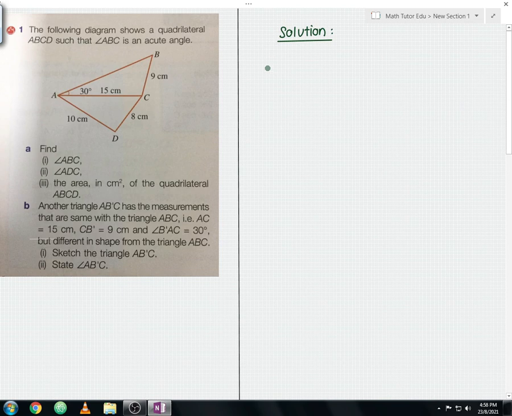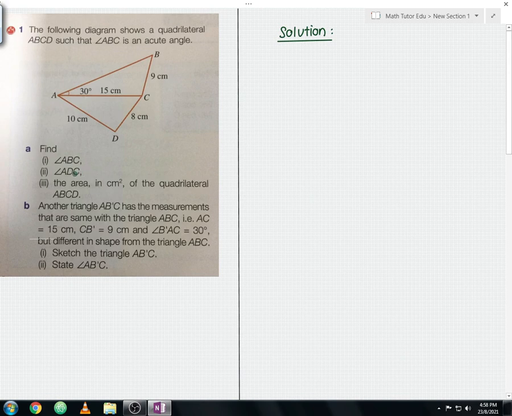Let us start our discussion for the question part A. Okay, for the question part A, we need to find the angle ABC followed by angle ADC and then the area in centimeter square of the quadrilateral ABCD. Within this quadrilateral ABCD, as you can see here, it is having two triangles. So we will have a look at it later on, but for now we will solve the angle ABC first.